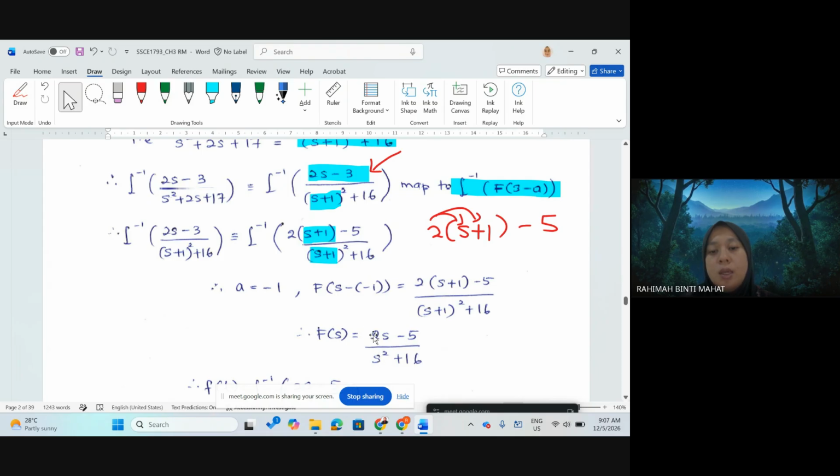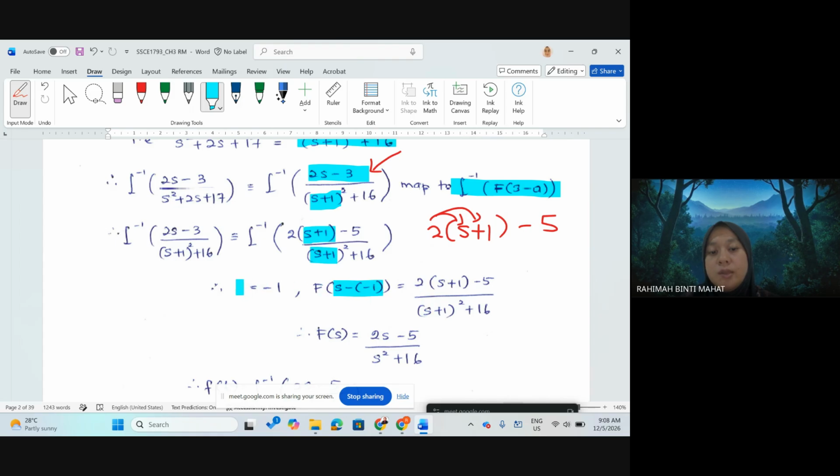And your F, because this one is plus 1, right? So F s minus negative 1, so you get s plus 1. So you will get 2s plus 1 over minus 5 over s plus 1 squared plus 16.